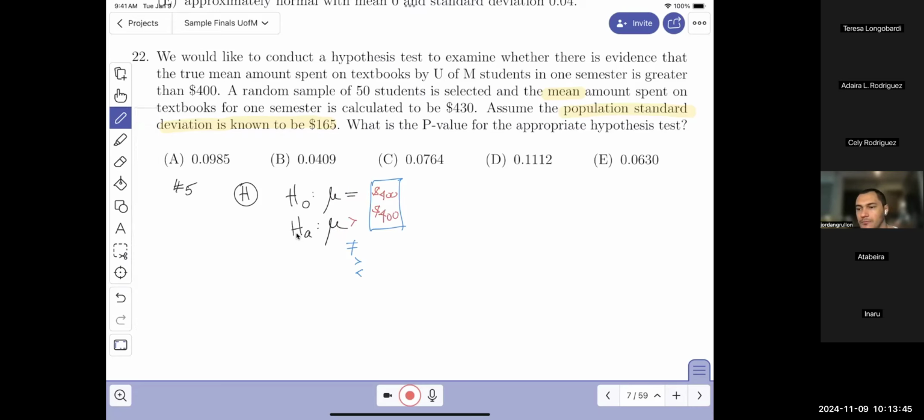The second step is going to be A for assume. What do we assume? To proceed with this problem, we assume the null hypothesis is true. So we're going to assume that this is the null hypothesis.